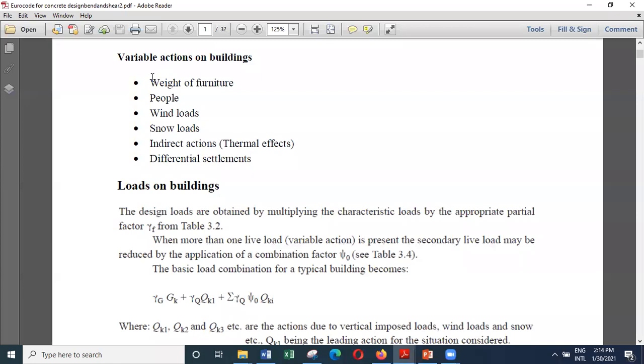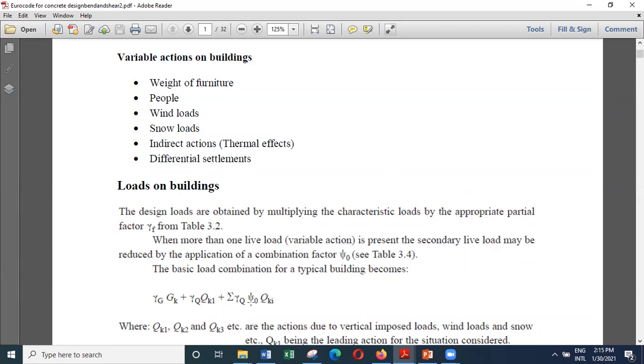So if you are considering the vertical loads as primary action, then the wind loads will become the secondary action. If the wind loads are the primary action, this can become the secondary action. So the difference between primary action and the secondary action is, when it comes to the primary action, we consider 100% of the action is effective with the partial factor.